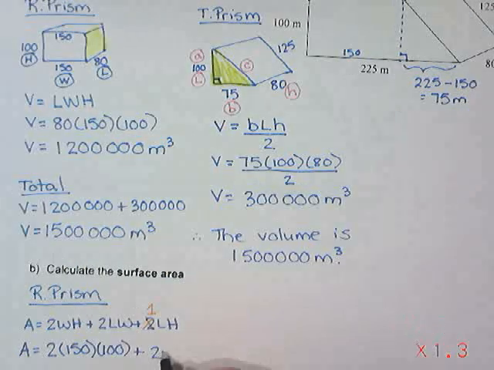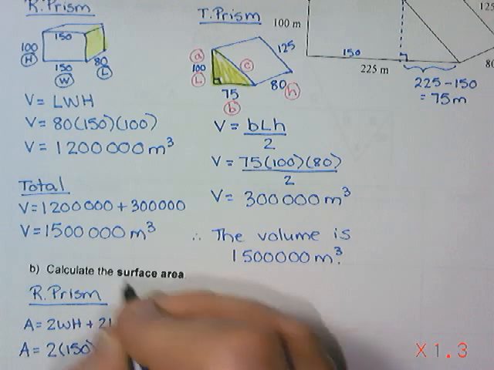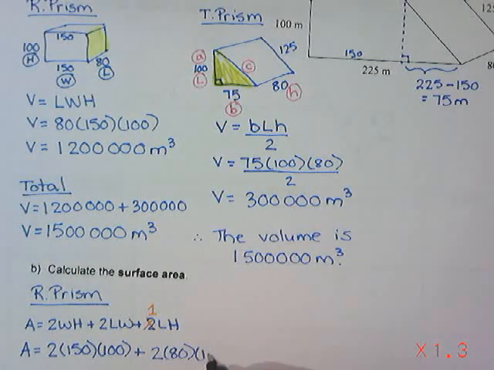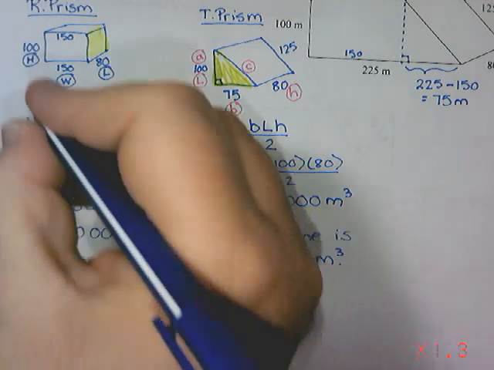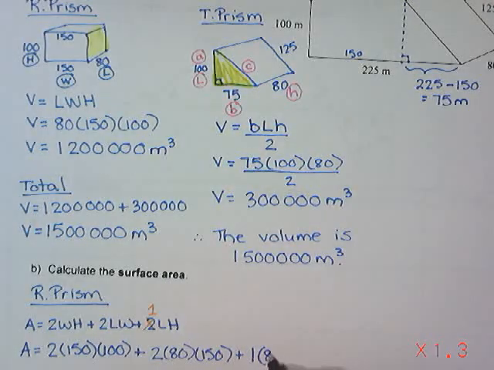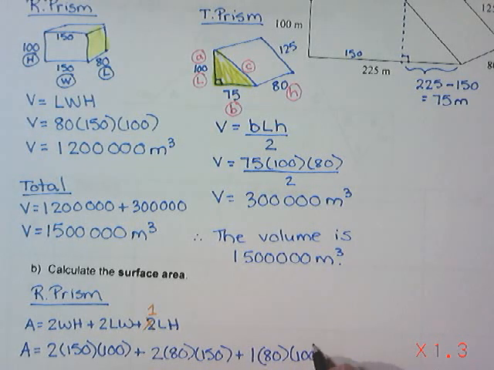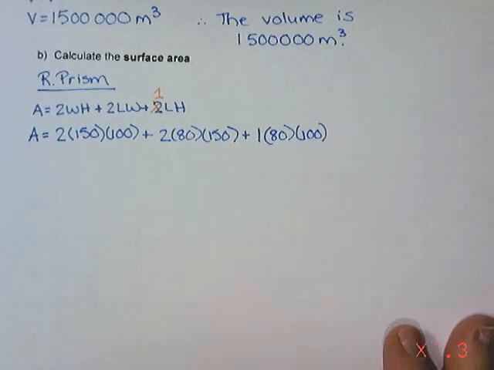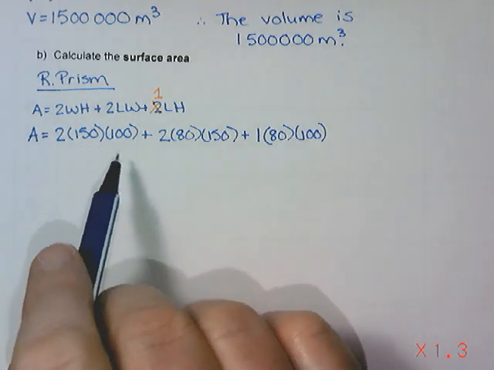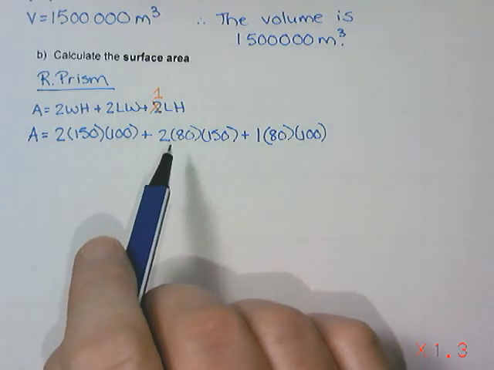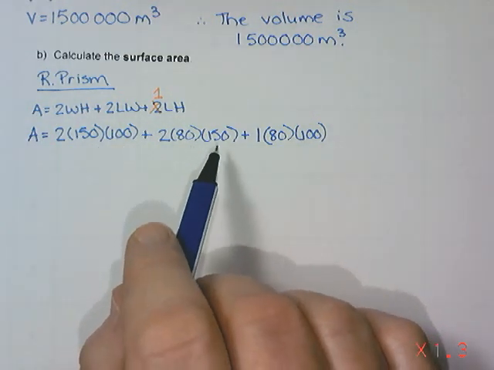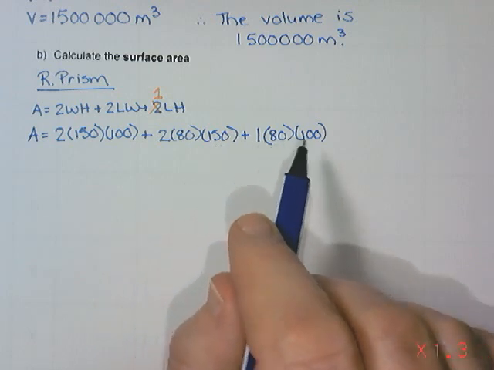Length is 80. Width is 150. And then I have only 1 length height. So length is 80. And then my height is 100. So I ended up with 2 times 150 times 100 plus 2 times 80 times 150 plus 1 times 80 times 100.